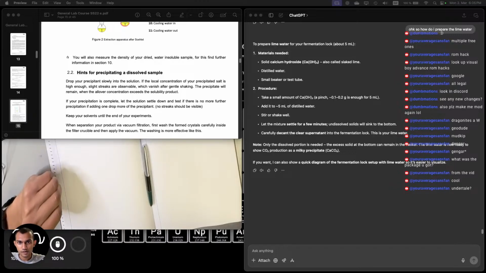Put the fermentation lock in a pierced rubber plug. What's a rubber plug? Come on.